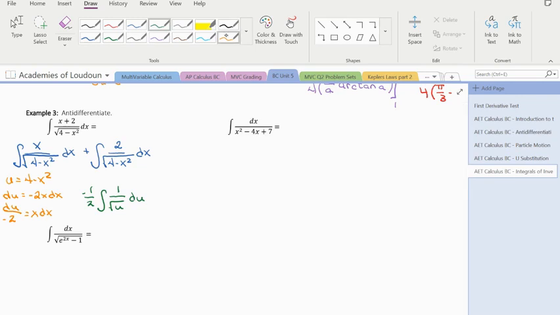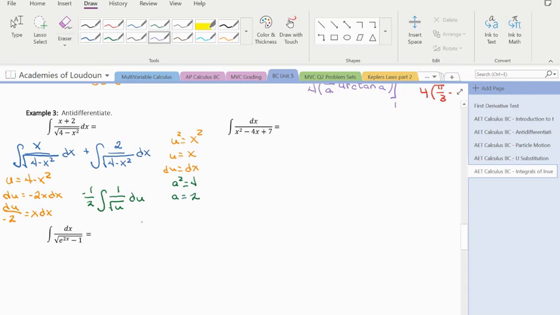And this second one, this is an inverse trig, so u squared is x squared, which means u is going to be x. Du would be dx. A squared is 4, which means a is 2.